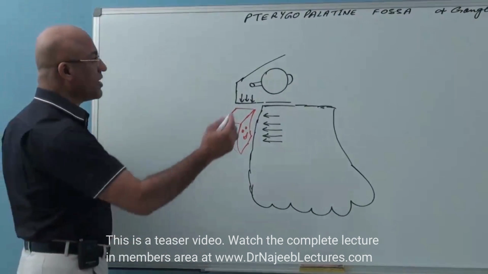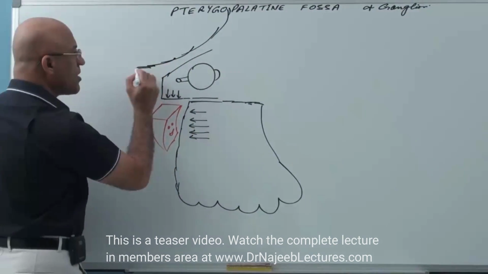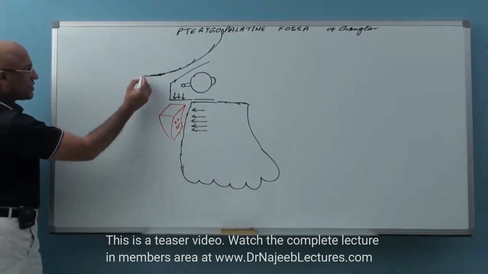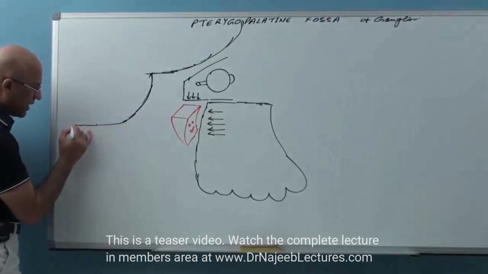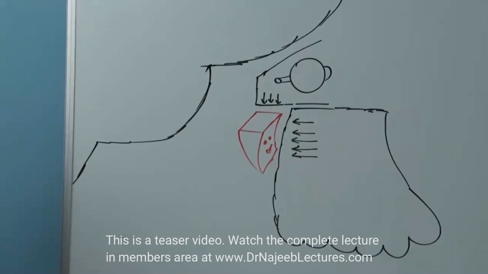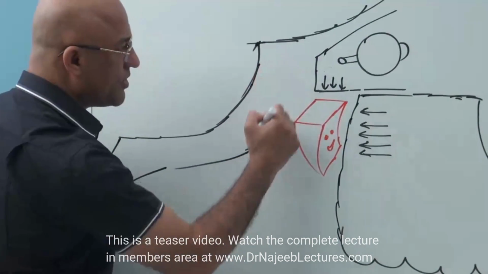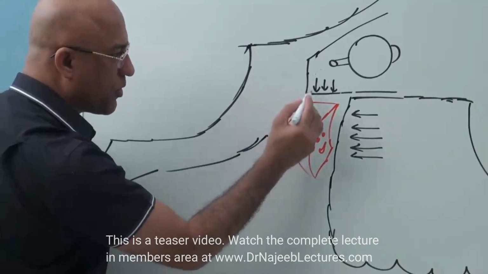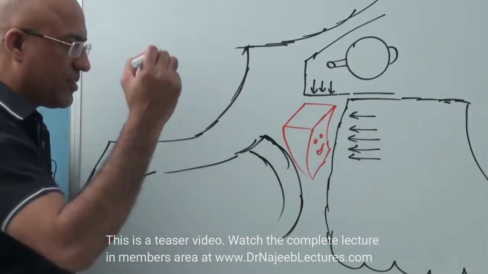Then other important relationships before we go into detail. What is here? Anterior cranial fossa. And what's here? Yes, this is the middle cranial fossa, right? And this is the body of the sphenoid bone, and this is the pterygoid process.